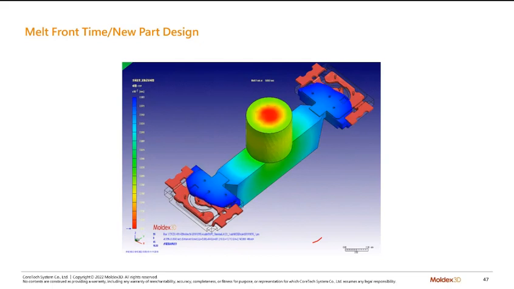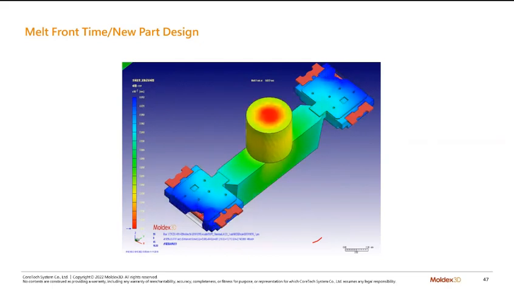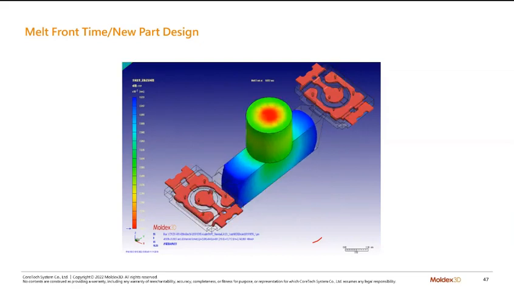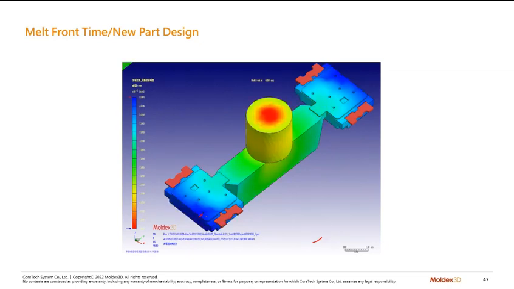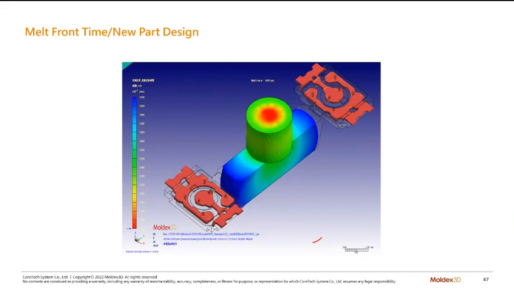But once we remove the features and we have a more uniform thickness, it will not have a hesitation issue near the pins, and the quality of the weld line can be improved, and maybe they can fix their crack issues.